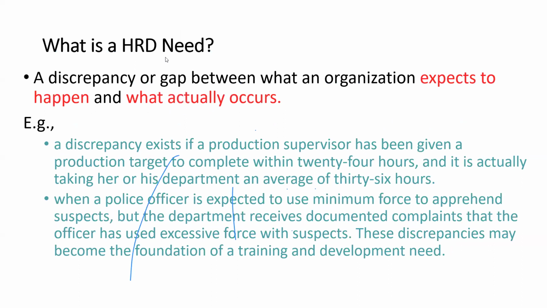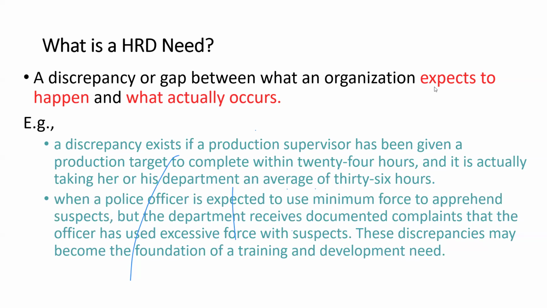And what is HRD need? Right? Need is a discrepancy or gap between what an organization expects to happen and what actually occurs. What is expected and what is currently occurring.